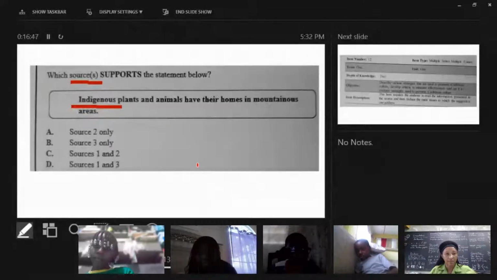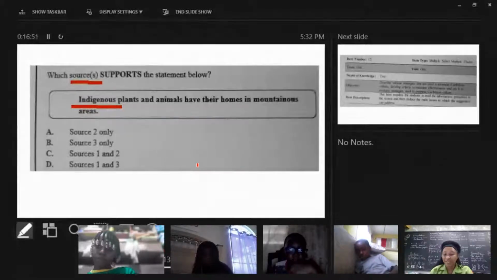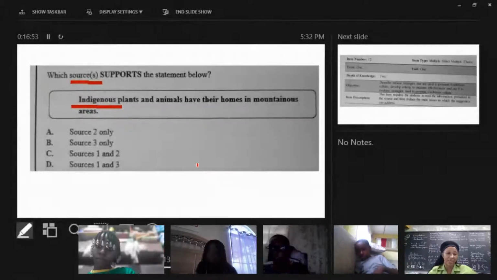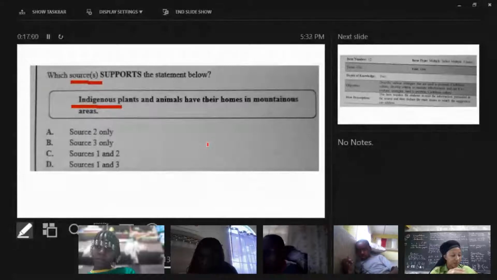Native to that place. Correct. Originating in that place. Originating in that place, native to that place. Say that again, Antoine. It could be occurring naturally in the same environment. Occurring in a specific environment, yes.